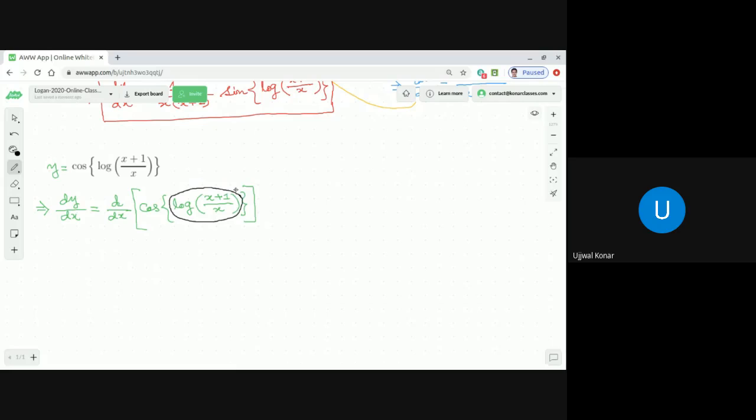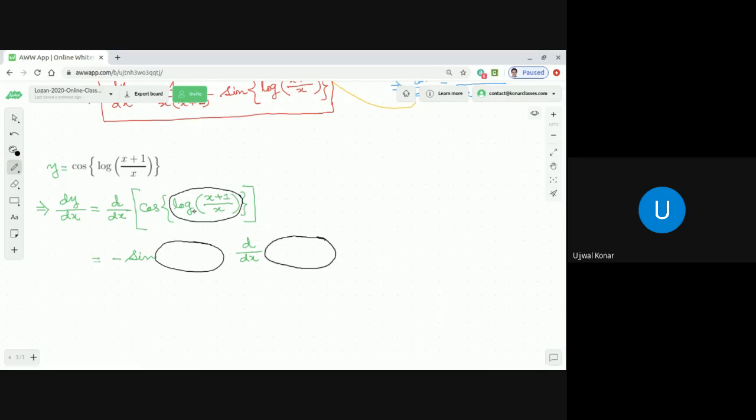So I don't bother what is inside that black box for the time being. I only bother about cos of that black box. So it will be minus of sine of that black box, into d/dx of that black box. Are you getting my point, dear students?